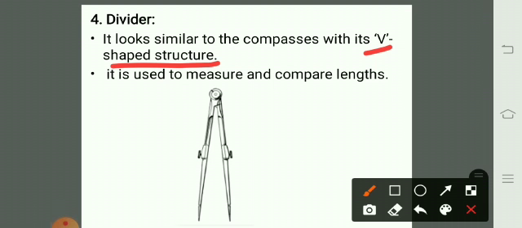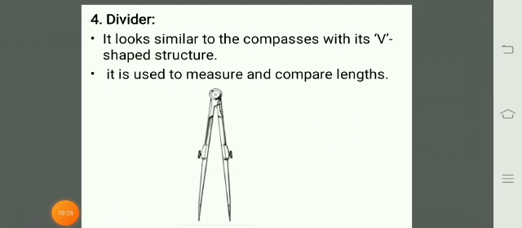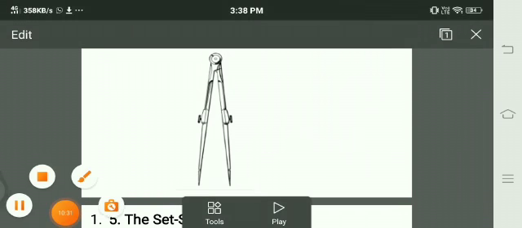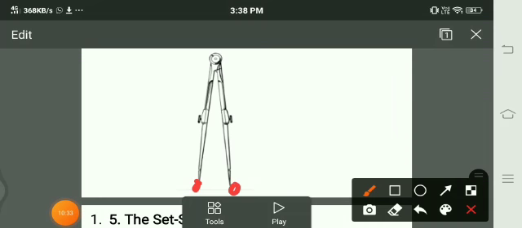In the compass, one end is fixed and the second end is used to hold the pencil, but in the case of the divider, both these ends are fixed.